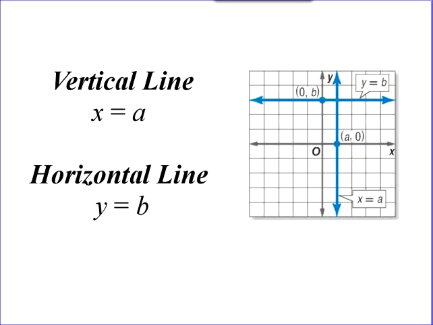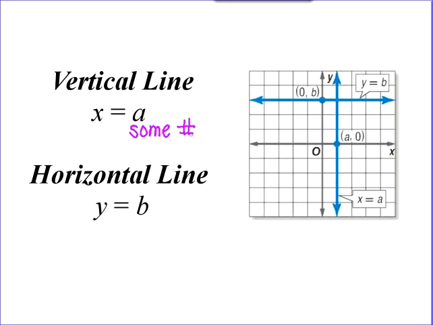If you have a straight vertical line, that's a line that goes up and down. For those of you that don't know, vertical means up and down. That equation will be x equals some number. So when we say a here, a actually means some number.